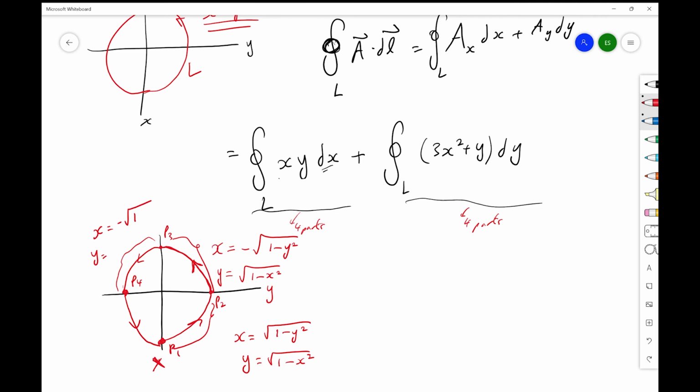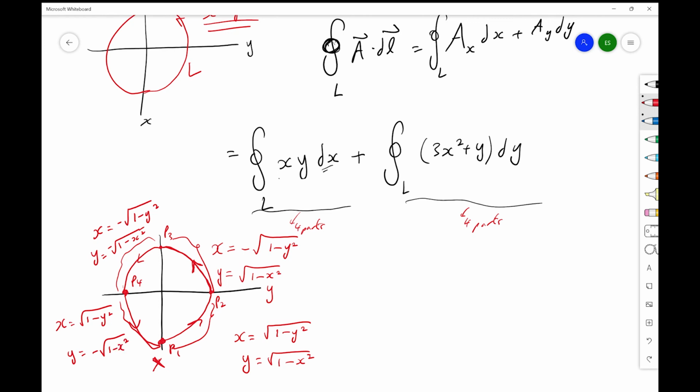So x is going to be minus the square root of 1 minus y squared, and y is also negative, so it's going to be minus the square root of 1 minus x squared. For the final arc, x is positive and y is negative, so x is going to be square root of 1 minus y squared. y is going to be minus the square root of 1 minus x squared.